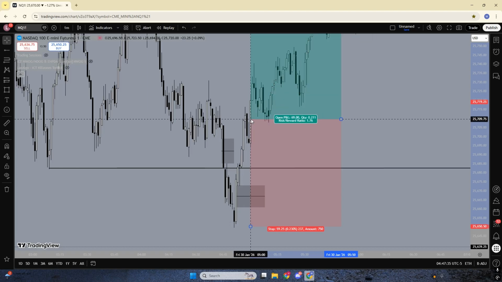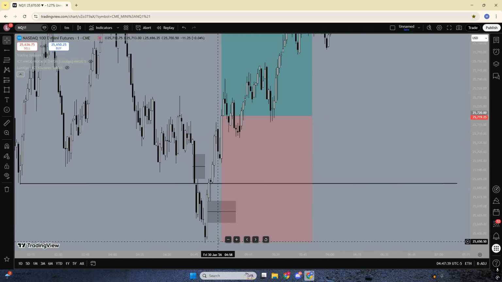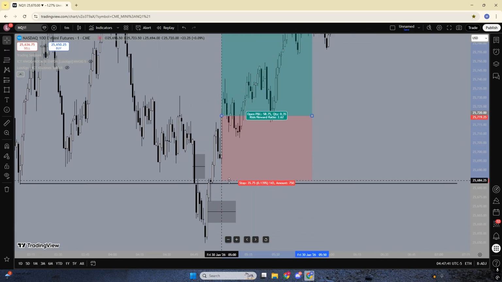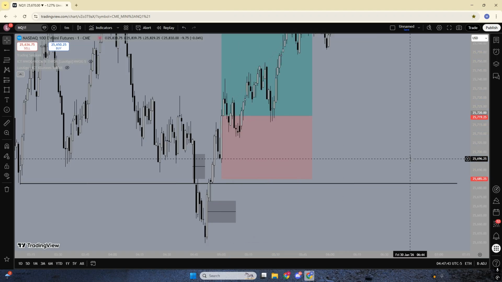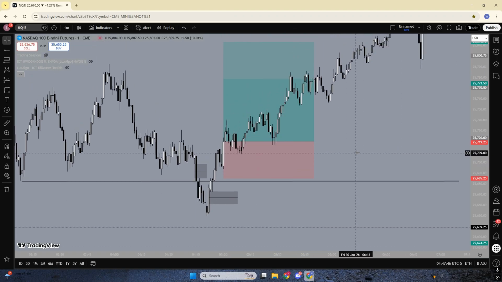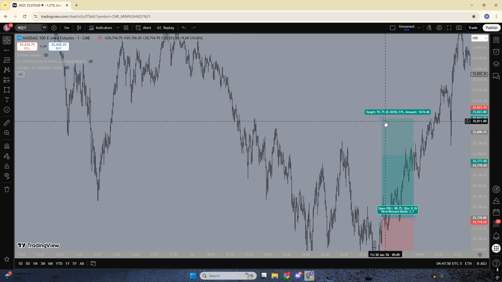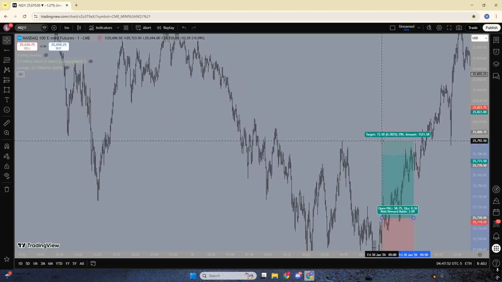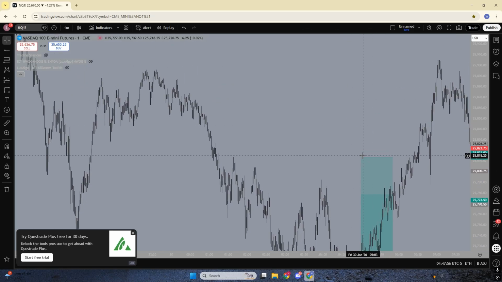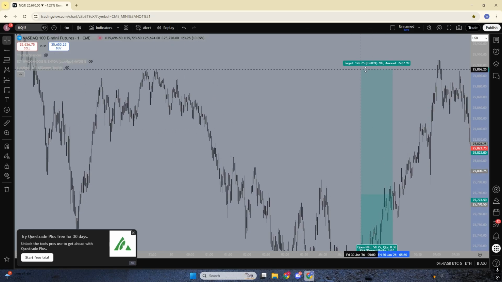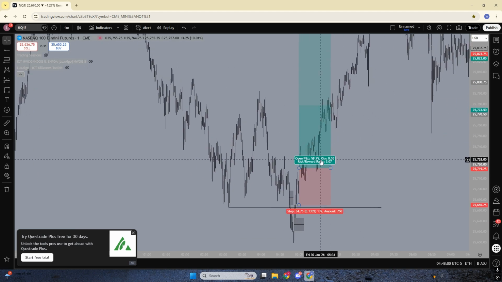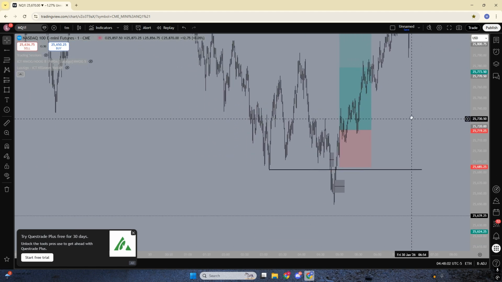So I probably would have entered off this candle close, and then I would have my stop right below this inverse fair value gap. I would have multiple take profits: my first take profit here, second here, and then a runner that goes all the way up here. That would have gotten you a 5R.